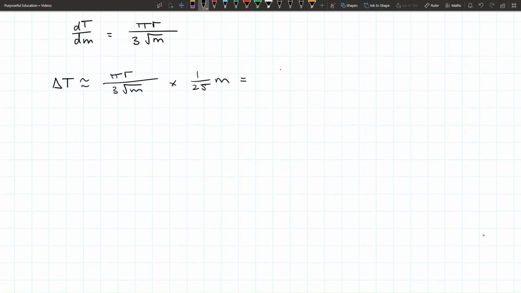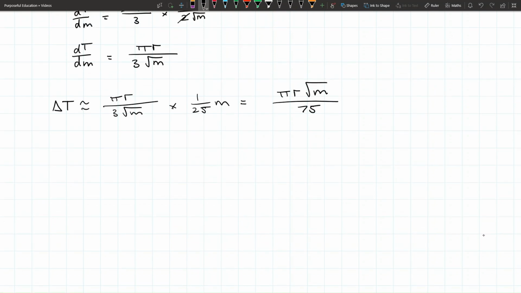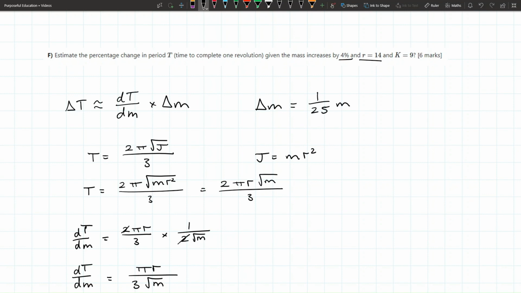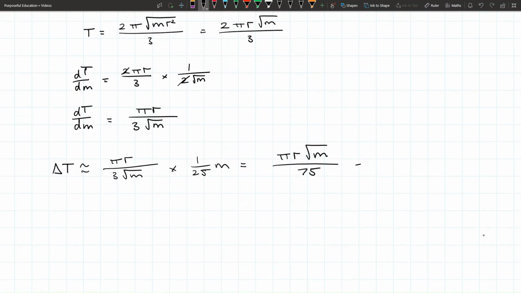That gives us pi r times the square root of m on the top divided by 75. We can sub in the r equals 14 now, which gives us 14 pi square root of m over 75.